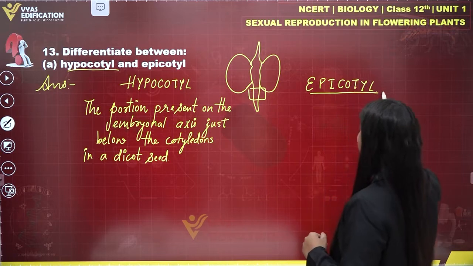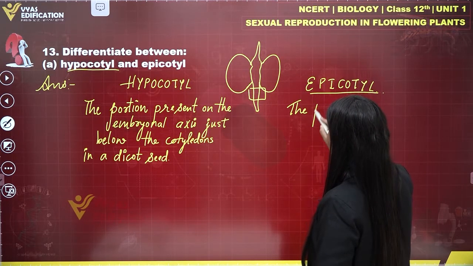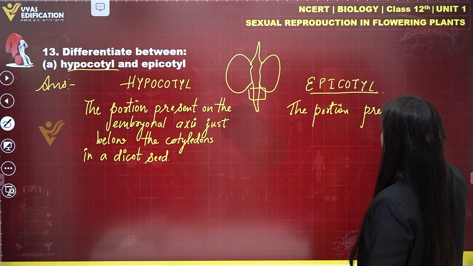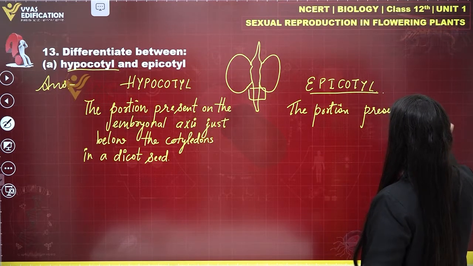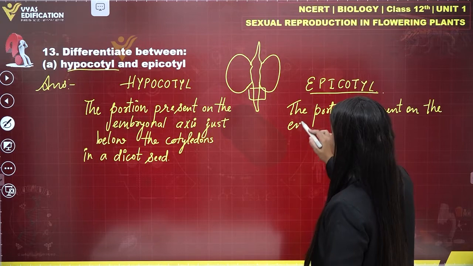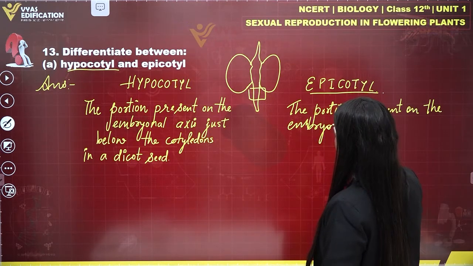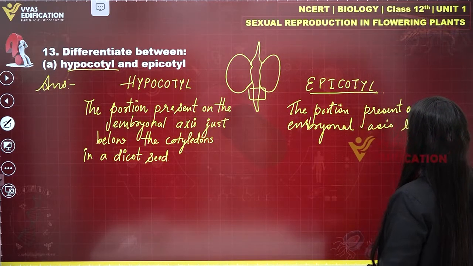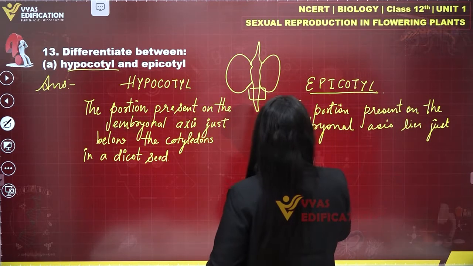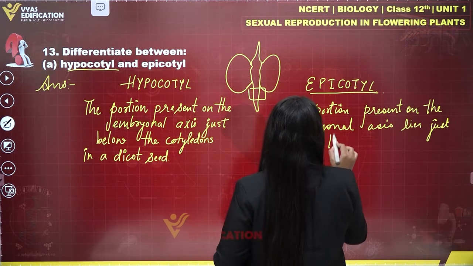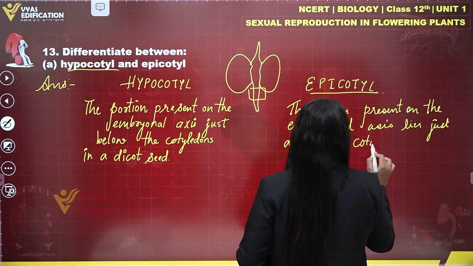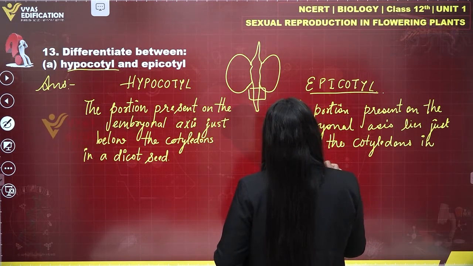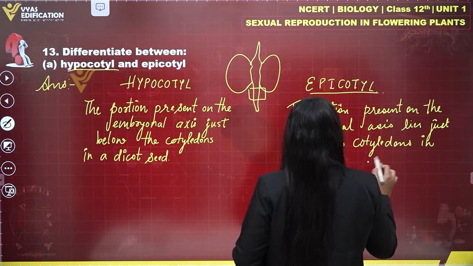And if you talk about the epicotyle, then this is the portion present on the embryonal axis that lies just above the cotyledons in a dicot seed.